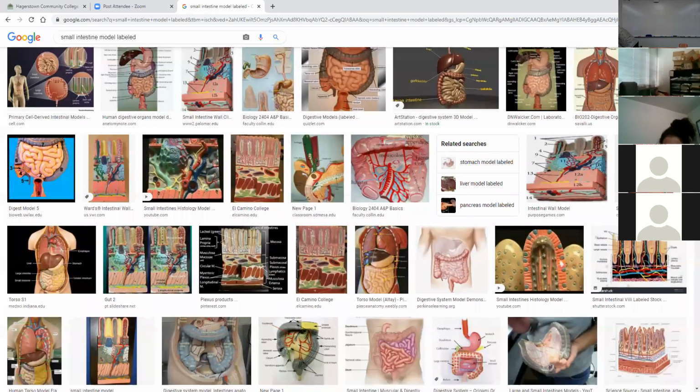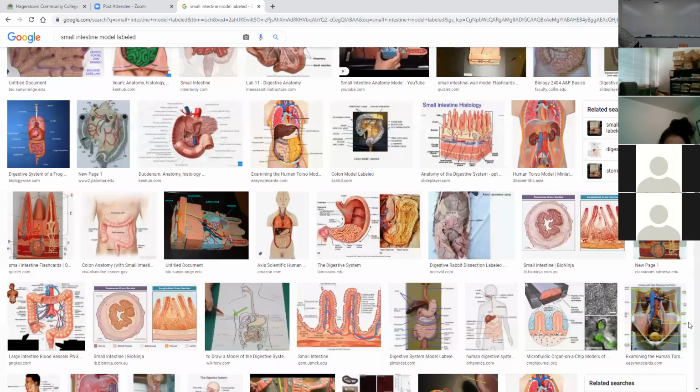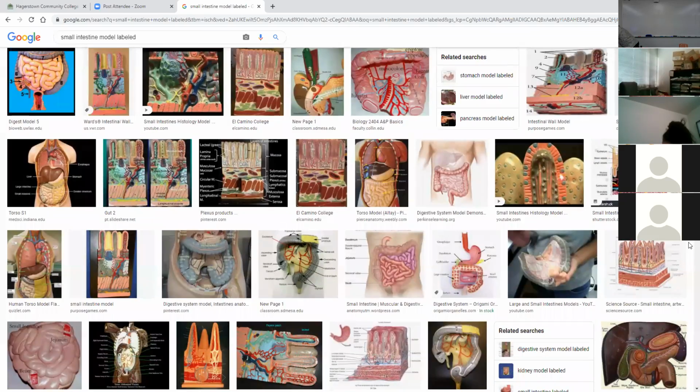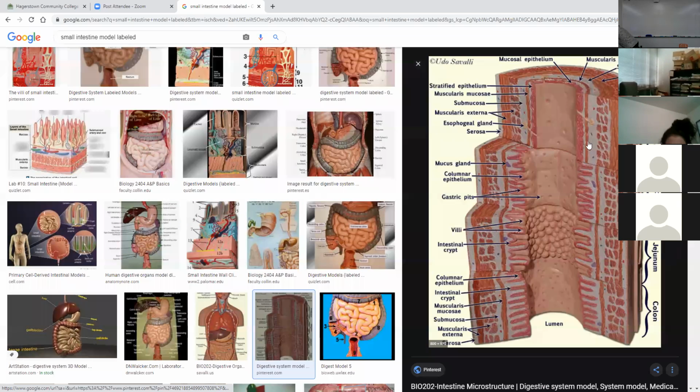Now where is it? Can I move this over? Yeah. Move this over here. This model right here was the one I was just showing you a little while ago about the different areas.